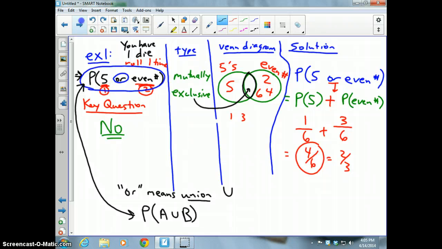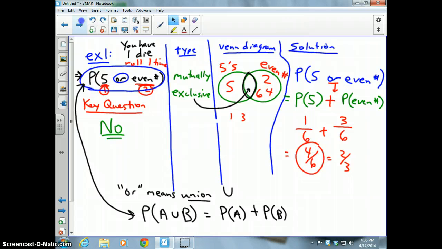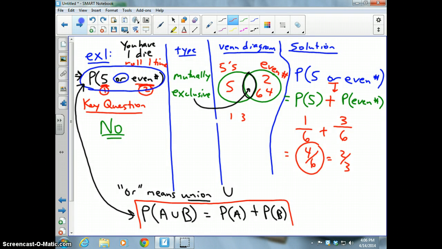I have probability 5 or an even number is equal to the probability of event A happening plus the probability of event B happening. It's the union of both. So kind of get used to that notation because you will see the union symbol associated with the word or.